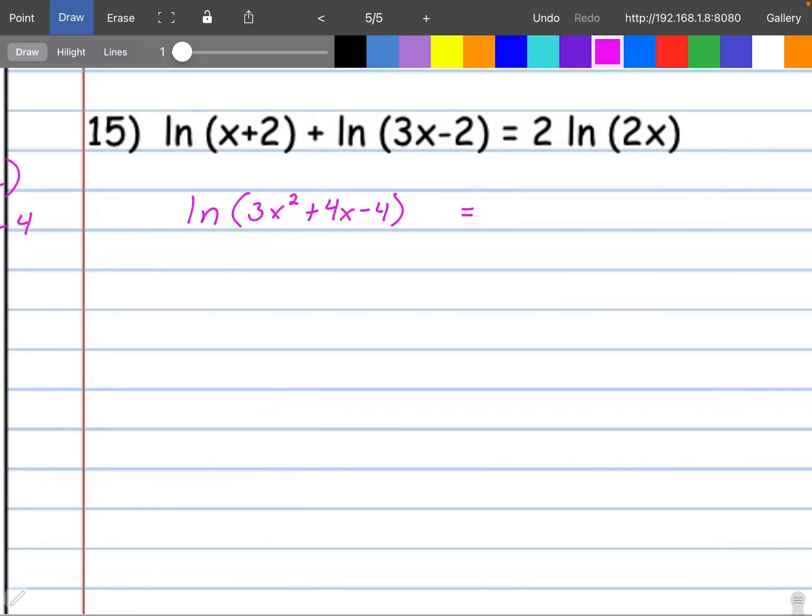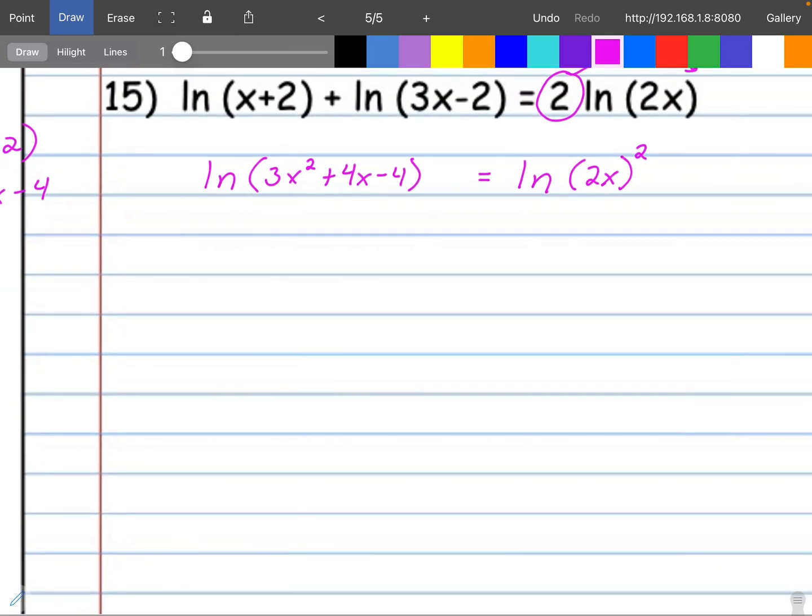Now on the right side, I only have a single natural log. However, I have this 2 in front. Therefore, I need to move that 2. And we learned in 3.3 that that 2 can become an exponent on what we're taking the log of there. So that's actually going to be the natural log of (2x) and then that whole thing squared.